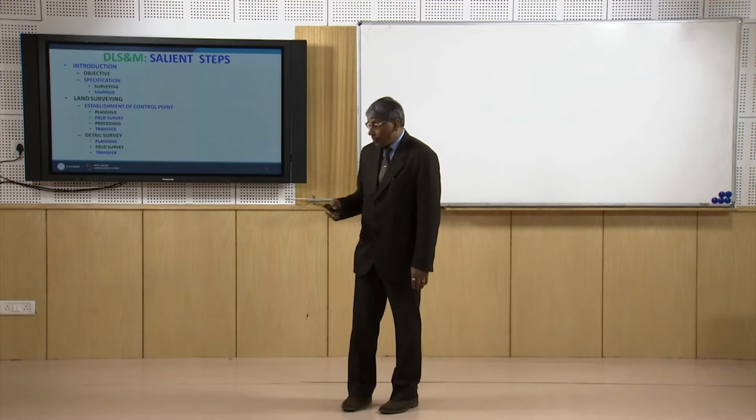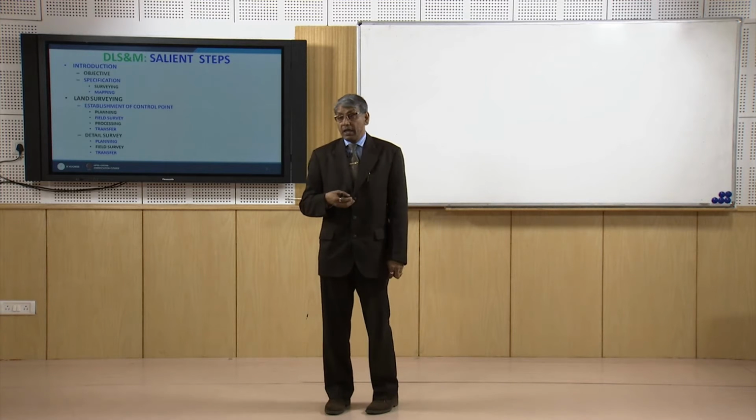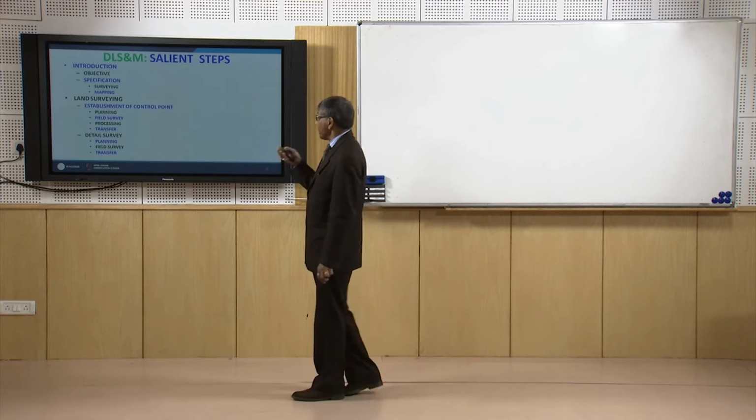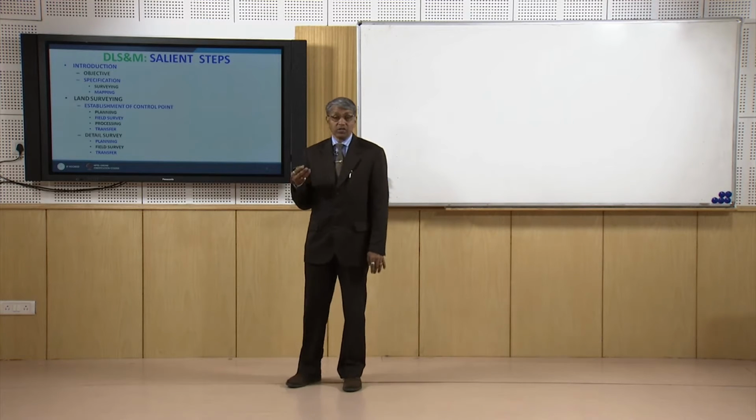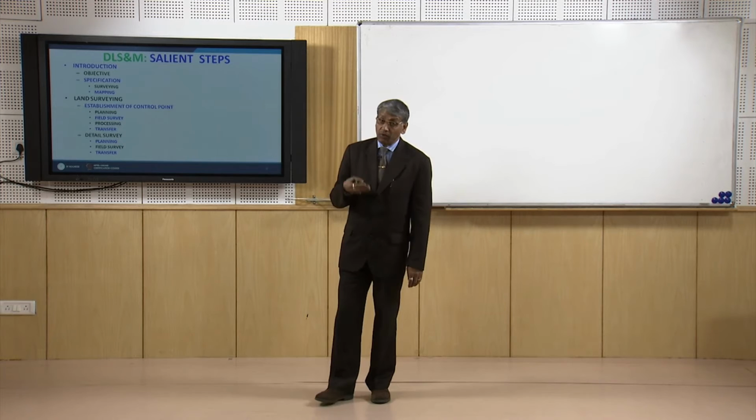If we go for precise quality of data, that means we will need a lot of measurements, and the measurements should be taken by very good instruments. So project cost will be high, and time taken will be high.